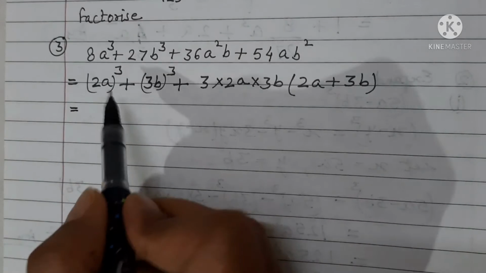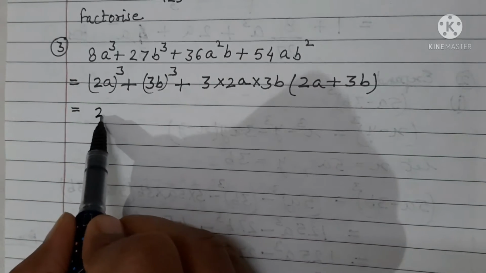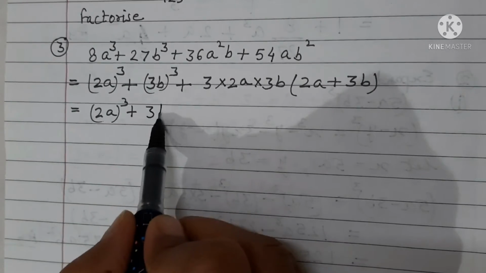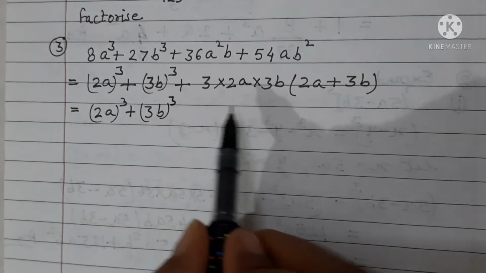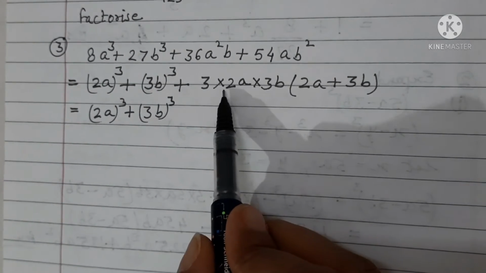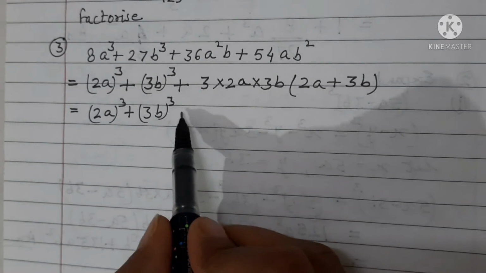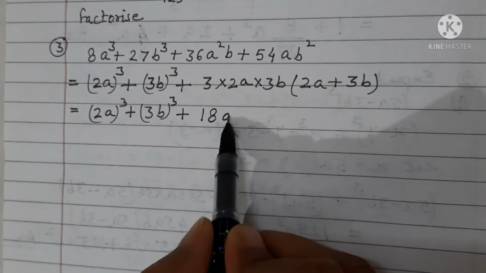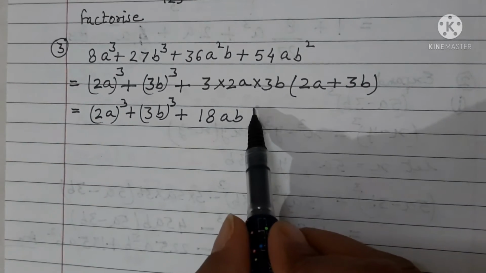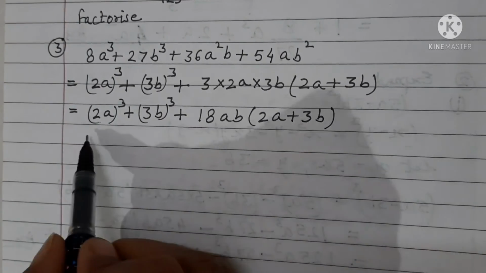Now see what happens. So it is 2a cube plus 3b cube and see these terms, 3 is 9, 2 is 18 ab, and 2a plus 3b.